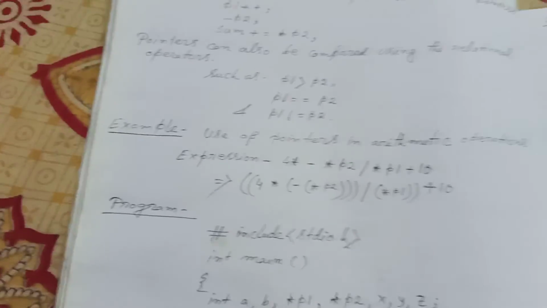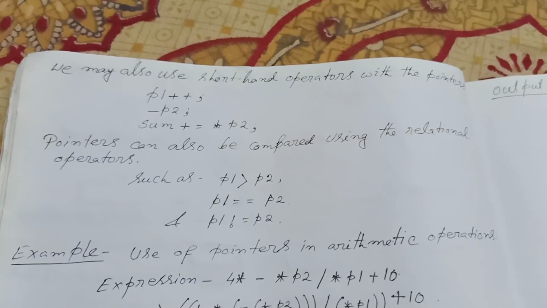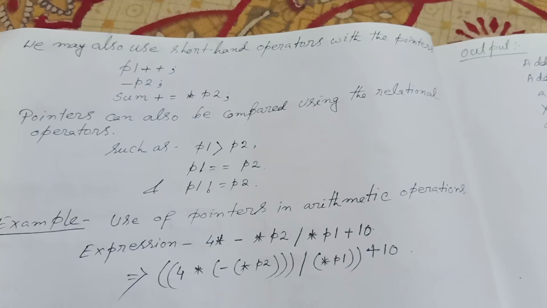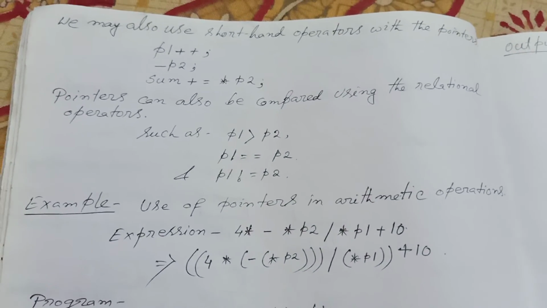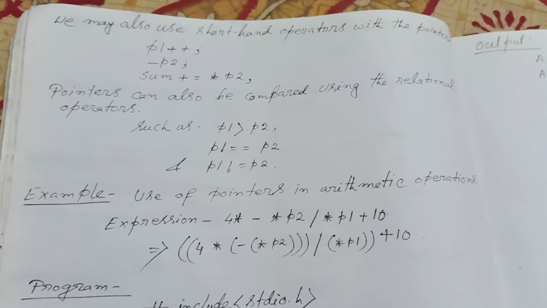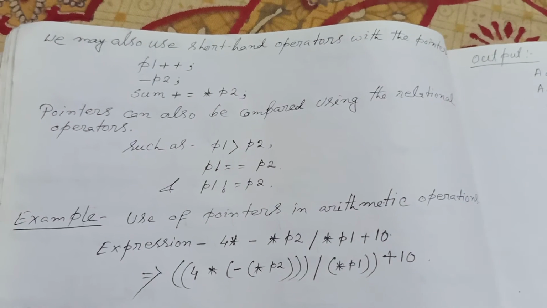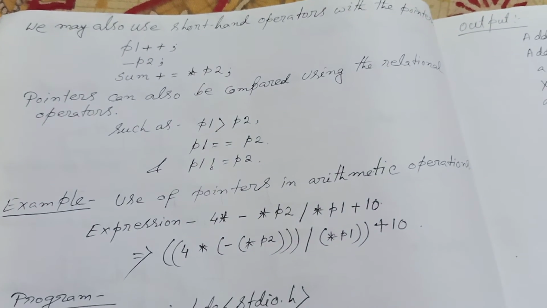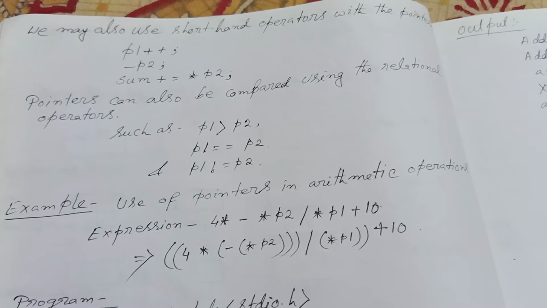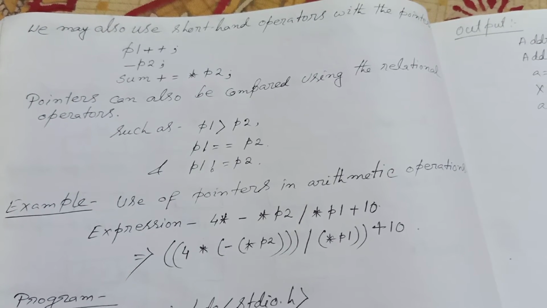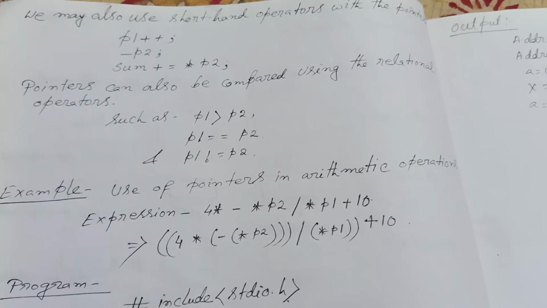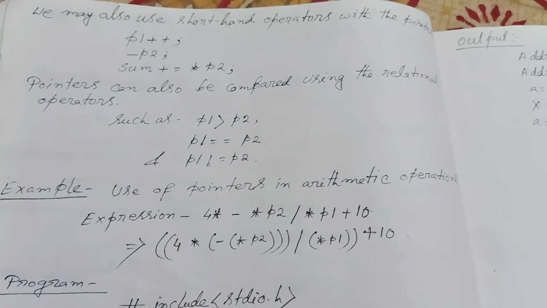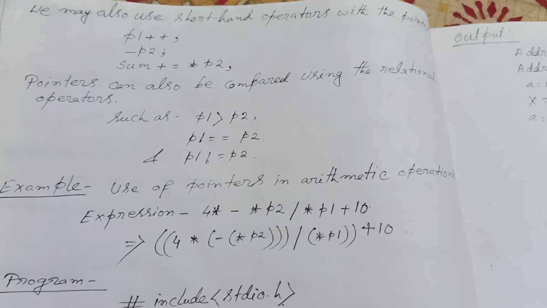Okay, so let's see. Another shorthand operators are also used with pointer variables, like P1++, minus P2, or sum plus equal to *P2. These shorthand operators are also used with pointer variables.